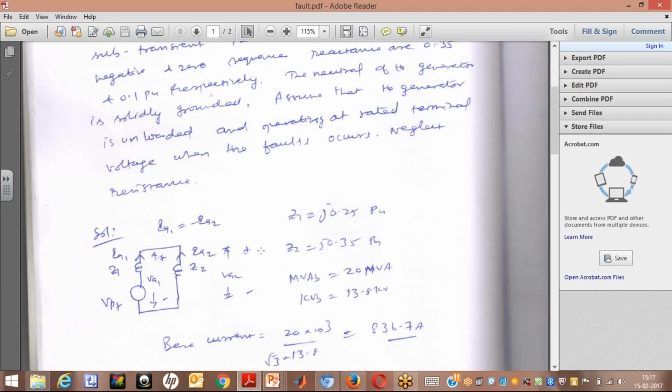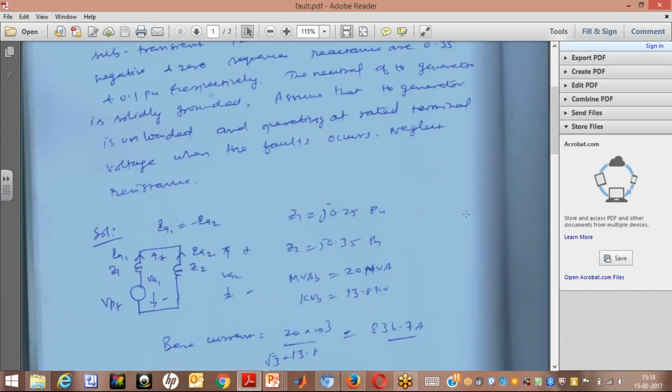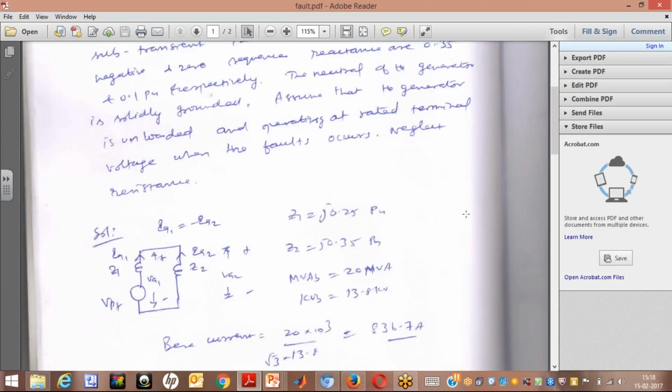For double line to ground fault, positive, negative, and zero sequence will also be included, all connected in parallel. So for double line fault, there is no zero sequence, so no need to worry about the neutral grounding. Anyway, it is mentioned as solidly grounded.